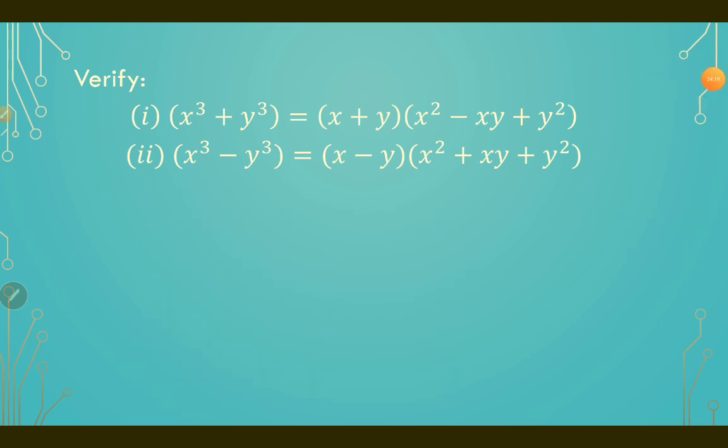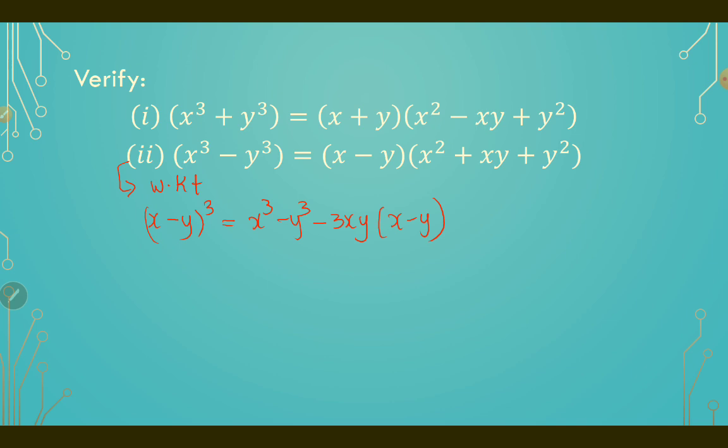The second part of the question, we know that x minus y the whole cube is nothing but x cube minus y cube minus 3xy into x minus y.